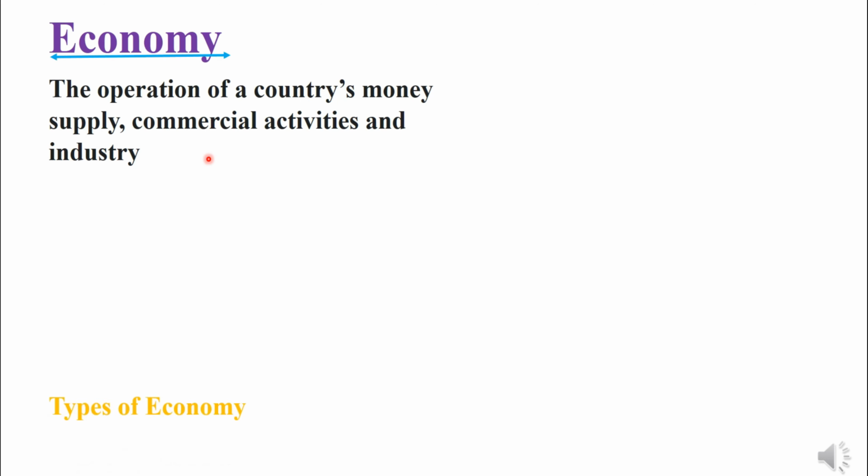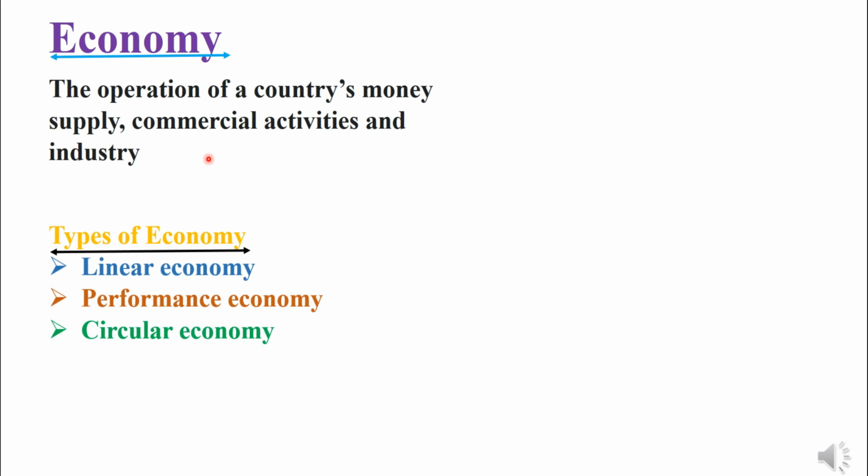So there are three types of economy, which is linear economy, performance economy and circular economy. So linear economy is driven with the priority of money, that money should flow, whatever product is desired by a customer, that can be delivered, and money should come irrespective of what is the outcome after a product is delivered.